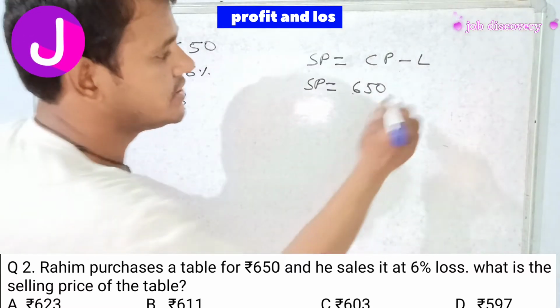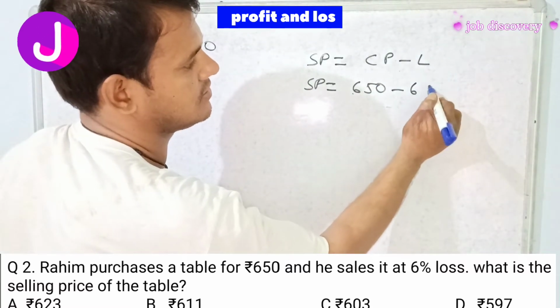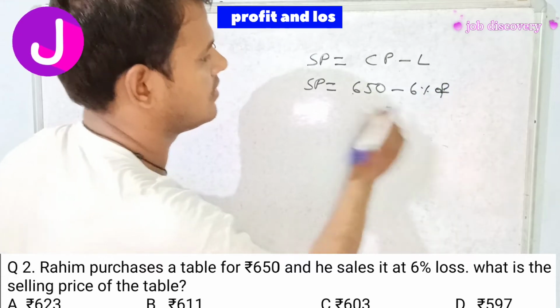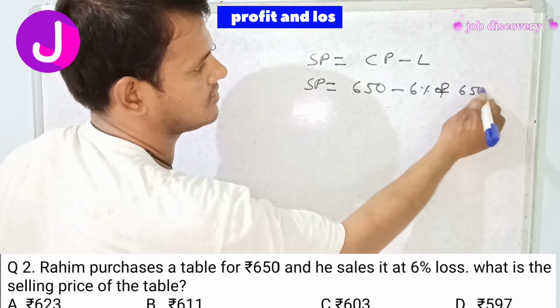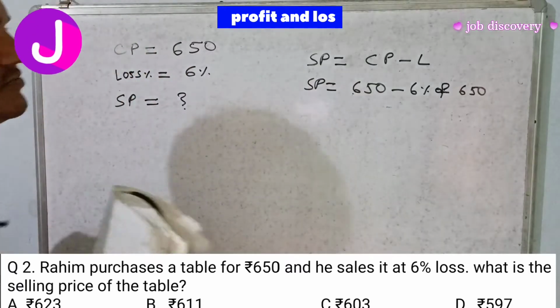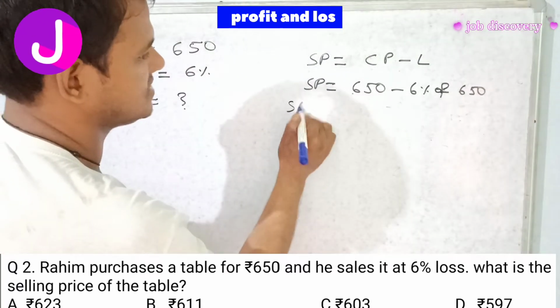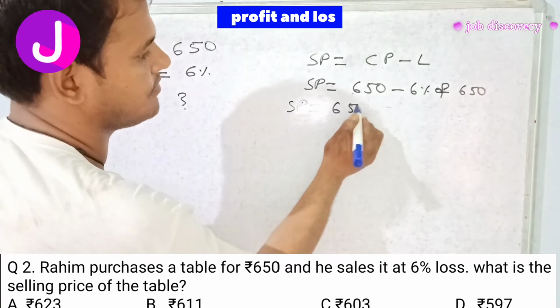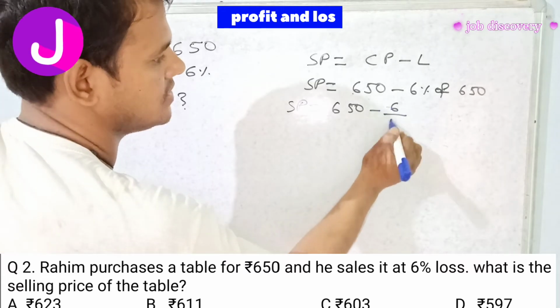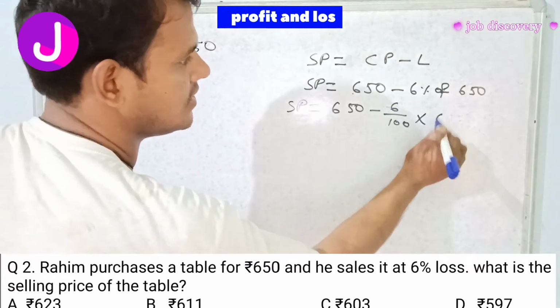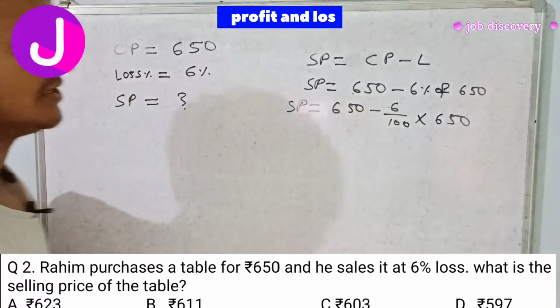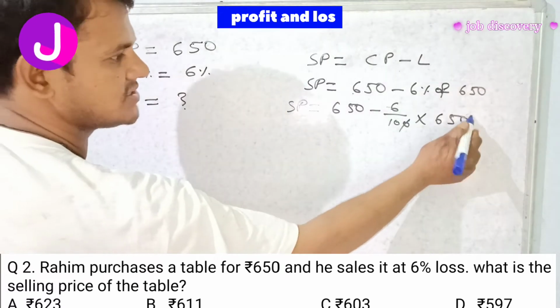What is the loss? Loss is 6% of 650, right? So SP is equal to 650 minus 6 by 100 into 650. The 00 and 00 get cancelled.